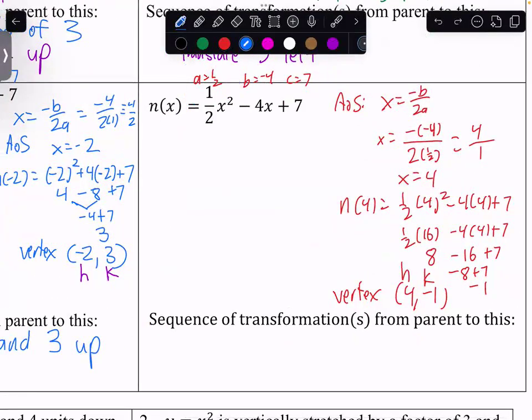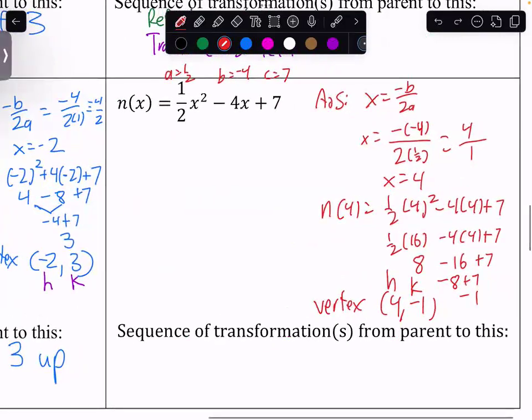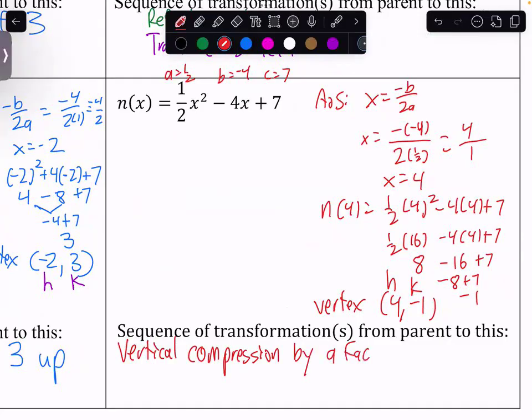A being 1/2, which is between 0 and 1, means we say vertical compression, not vertical stretch. Okay, and then h being positive 4 means that we translate 4 right.